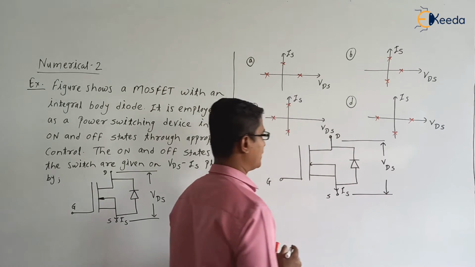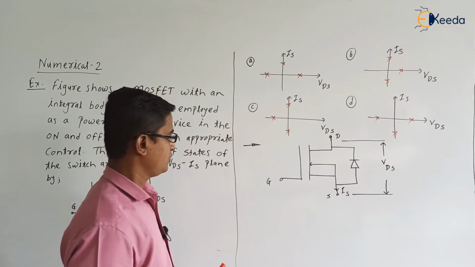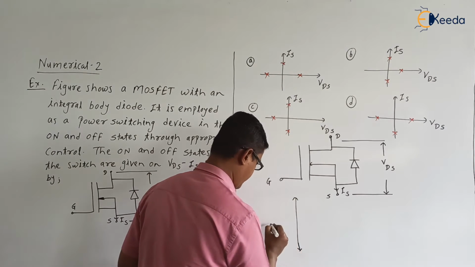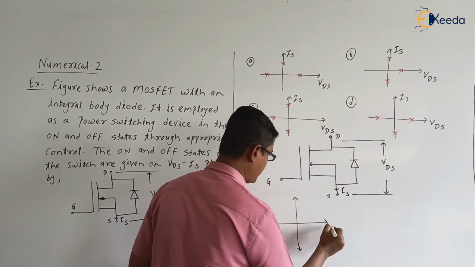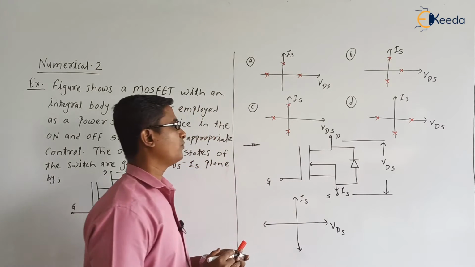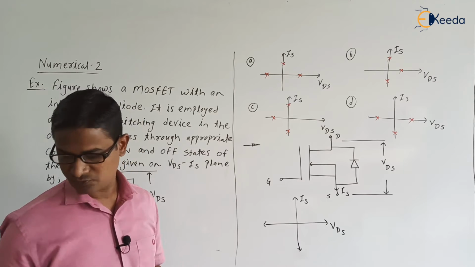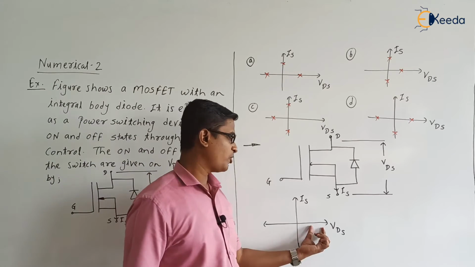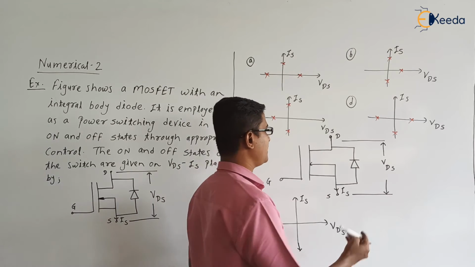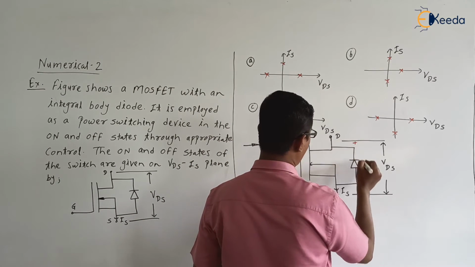So let us discuss one by one. This is VDS and this is IS. Now we are going to discuss first for unipolar or bipolar. So when VDS is positive means plus here and minus here.